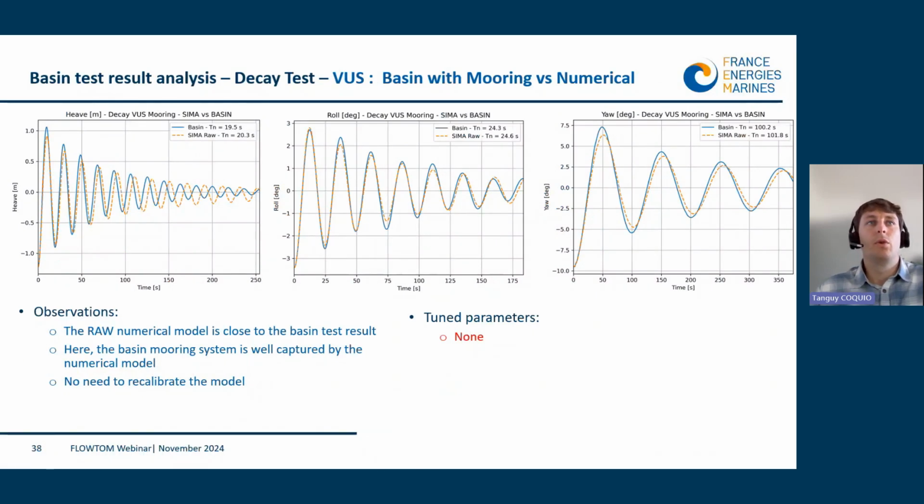If we now go to the comparison between the model and the basin, the numerical models, here there are only the raw numerical models, because we decided that the results were satisfying to be used for the RAO analysis that I will present just after this section.